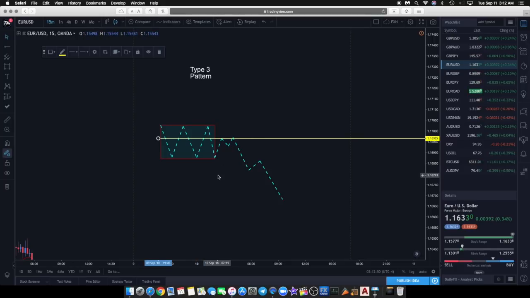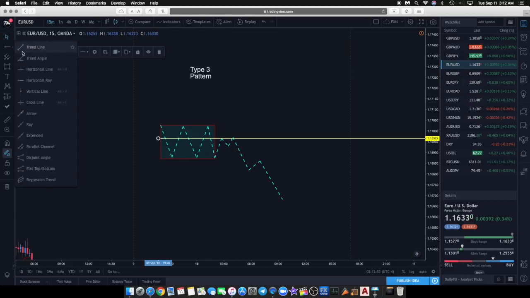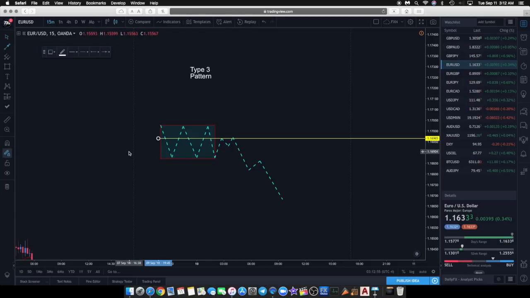So type 1, let's do a quick recap here. Type 1 pattern has the stop hunt going below or above the Asian range to create the new higher low of the day.